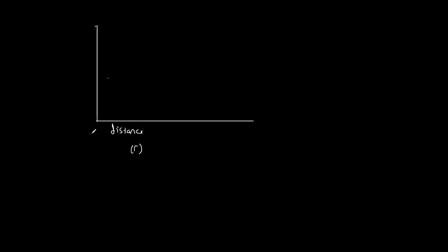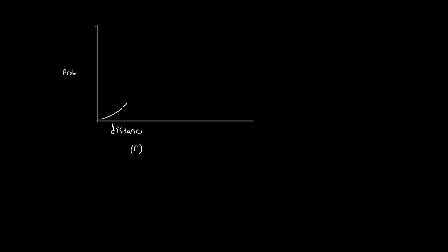This is the maximum distance we have between two points for them to be counted. And then the y-axis is that probability. This is how likely it is that a point chosen at random is going to have its nearest neighbor be within this distance. Okay.